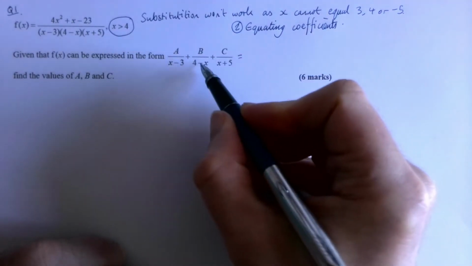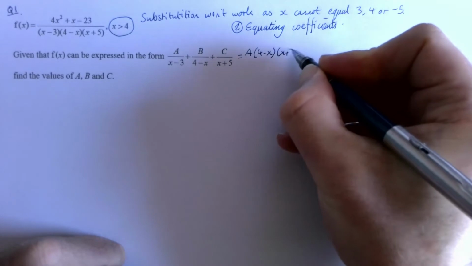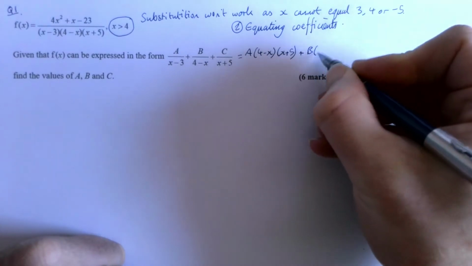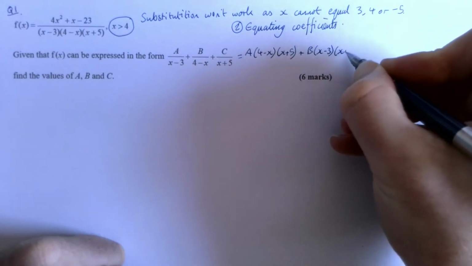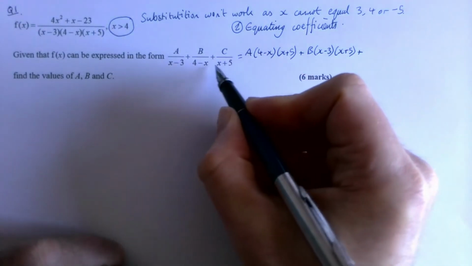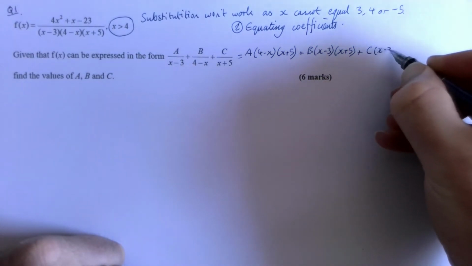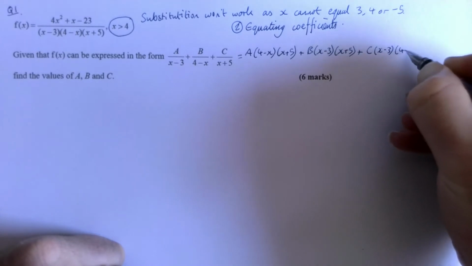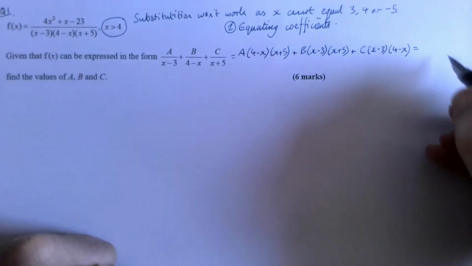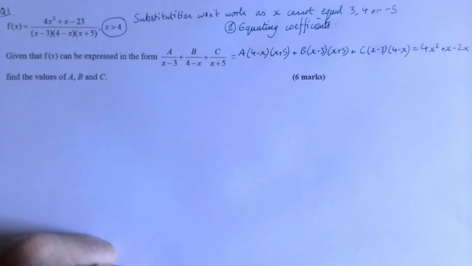If we multiply this by both of these, a by 4 minus x and x plus 5, and add to that b multiplied by those two, and c multiplied by, well, we are multiplied by all 3 on the bottom, but those 2 as well, then that has multiplied out the denominator, and so all of this should be equal to the numerator on our original fraction. So it's 1 mark for saying that.